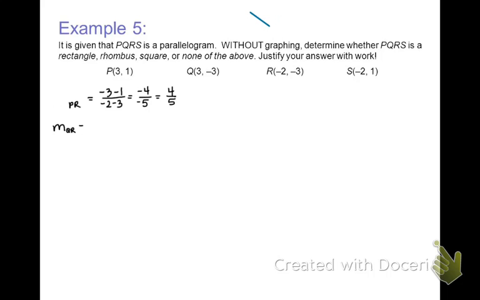I lost my whole picture on my screen anyway. What does it say, QS? Oh, I'm sorry, yes, it should be QS. What do you want this slope to be? No, because 4/5 would mean that you have parallel slopes, or parallel diagonals. You don't want parallel diagonals.